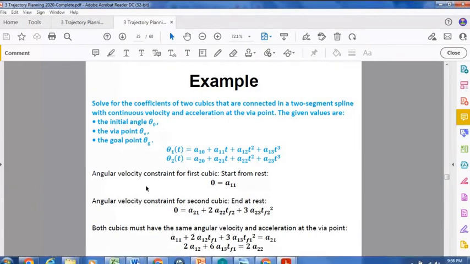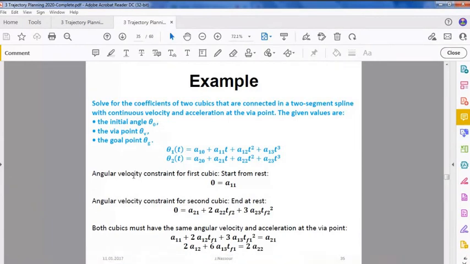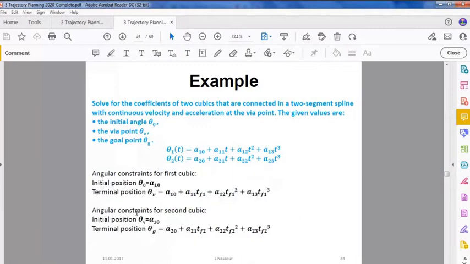Okay. Angular velocity. You see velocity, start from rest. Start from rest is initial velocity equal to 0. From this equation, differentiate once, so you get velocity. You need to differentiate first. Differentiate once, you get velocity.